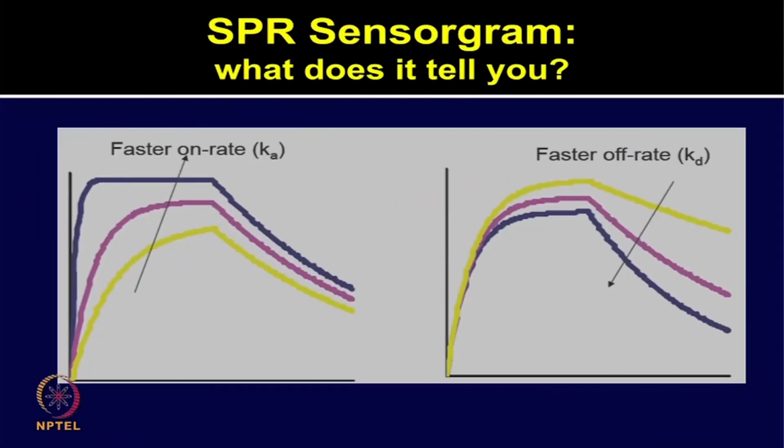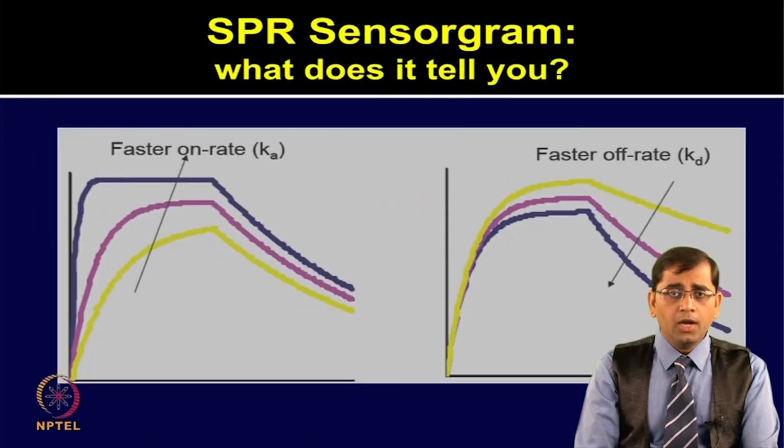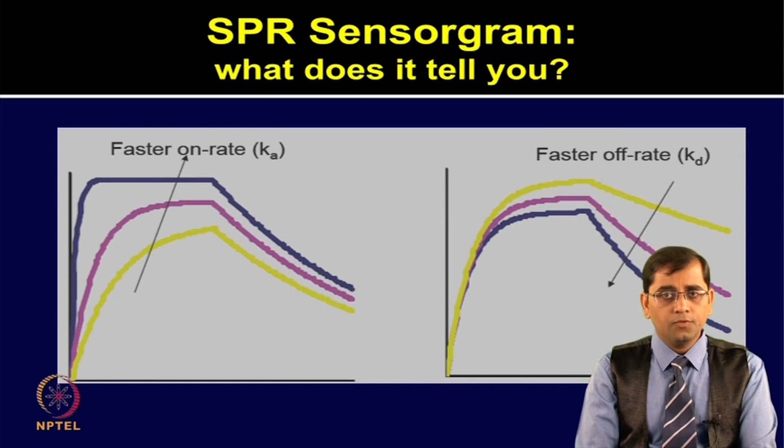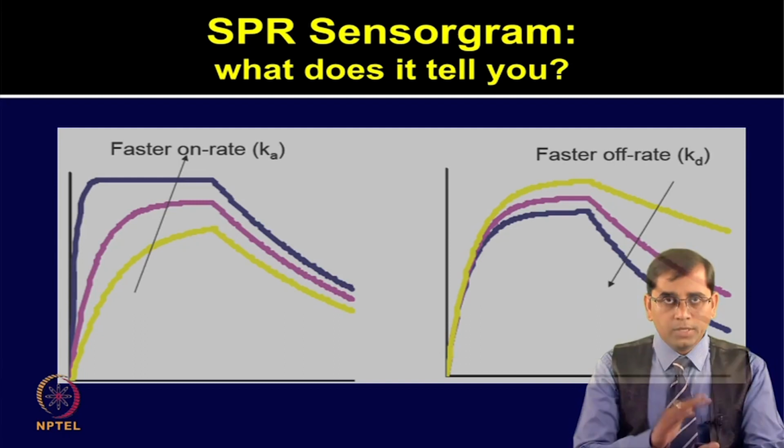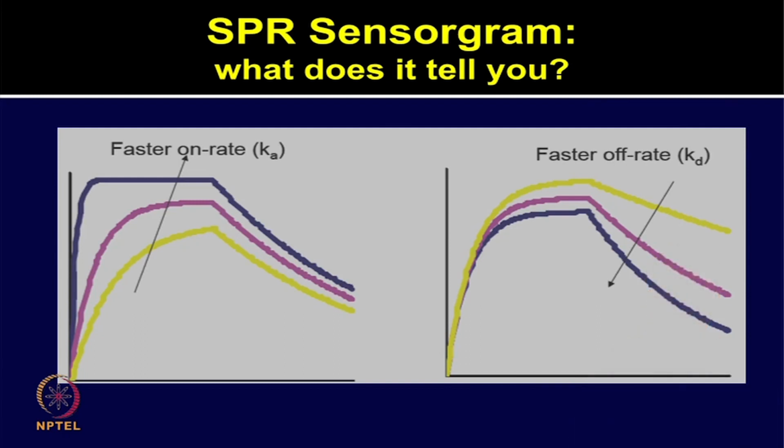As shown here in this slide, the on rate and off rate can provide us information as to whether it is slow or fast. In addition, comparison of various analytes can be made simultaneously for their association and dissociation rates by looking at these SPR sensorgrams.